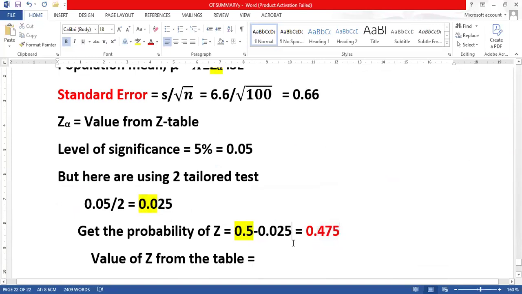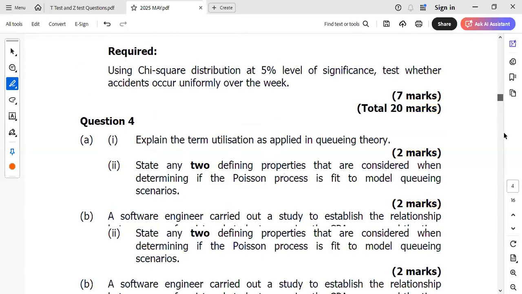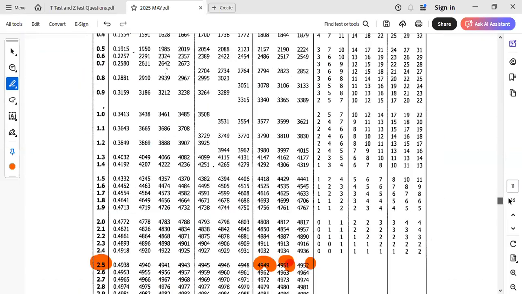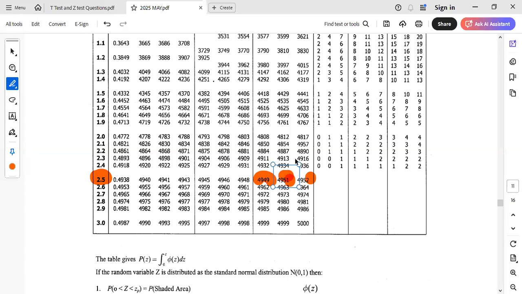We go to our table and see. I believe now you are experts. I want you to tell me where you have 475, so I can remove these.